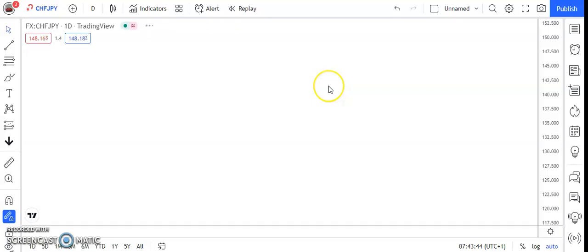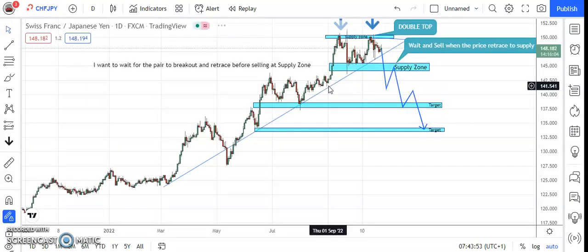Next, it's CHF JPY. So CHF JPY, we've been eyeing it since last week, and so far I believe that right now might be a good time to sell, instead of waiting for a break below here and selling at the supply zone.